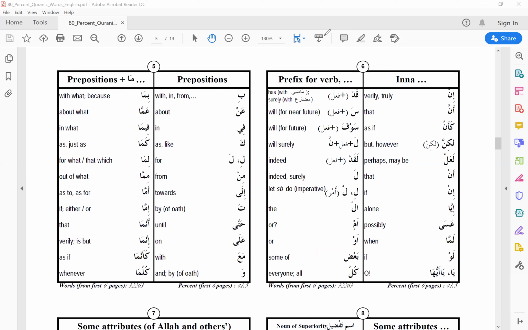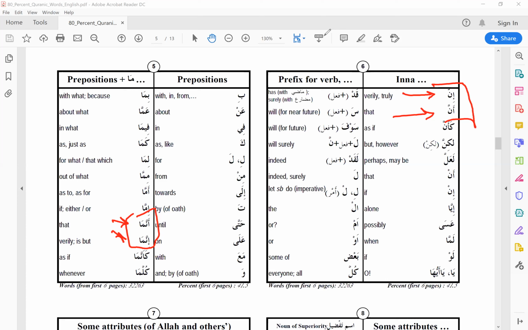Inna, we did that before when we did inna and anna, just like these two. Let's deconstruct inna and anna. Anna would mean that. We did that before, right here, when we talked about this. And inna would mean verily. So for sure. All right. And ka'anna.